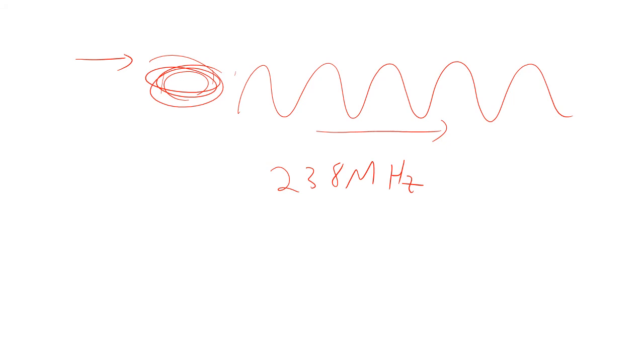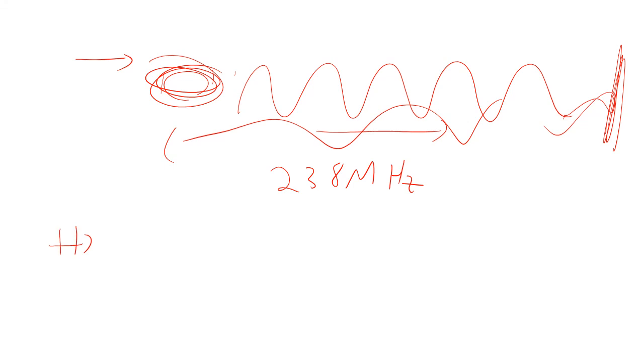Now, the thing, though, about 238 megahertz, that radiation, if it hits something out here that's made of metal, it's going to bounce back. Okay. And so this was something that they did in World War II, they figured out a way of making a little miniature particle accelerator that could accelerate these electrons.